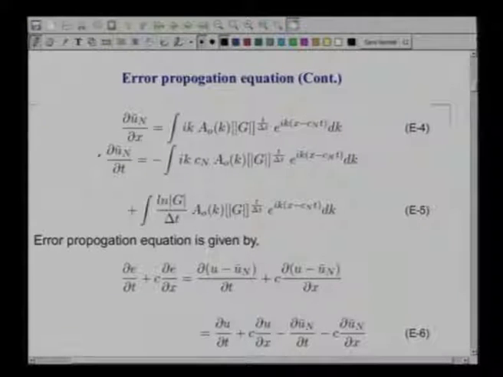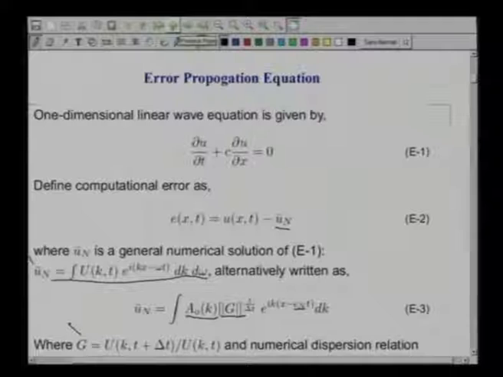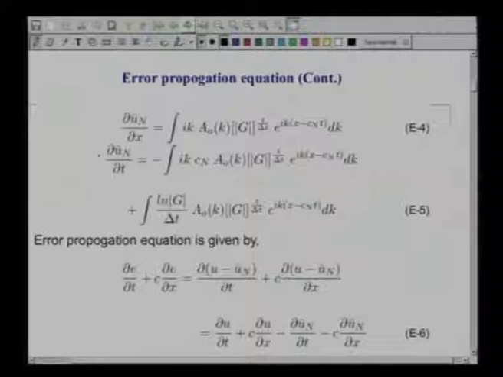Please note that in the previous slide, the time dependence actually comes through the g term as well as the e to the power minus i k c n t term. It is for the same reason that when you take the time derivative, you end up with two sets of terms in E5.